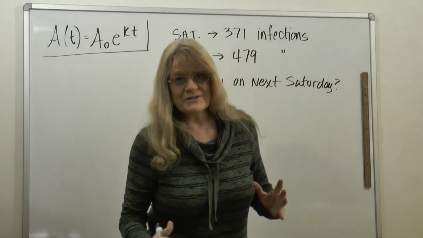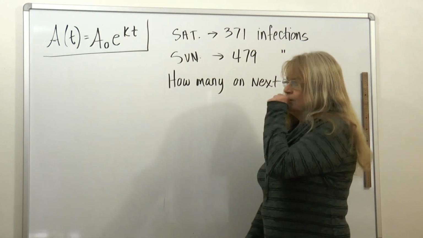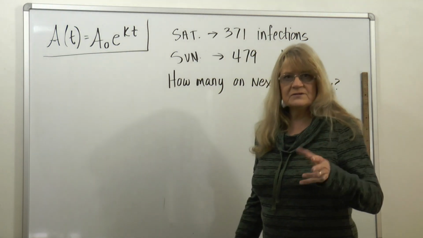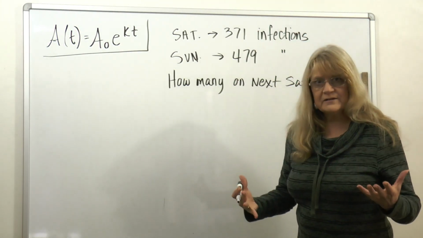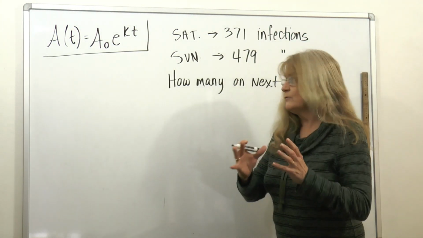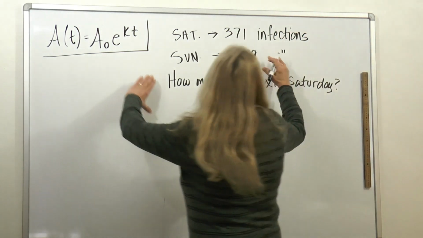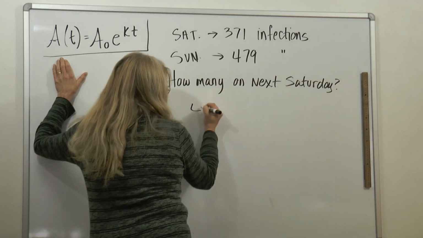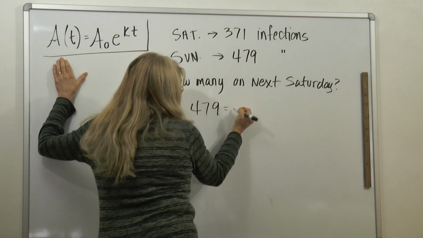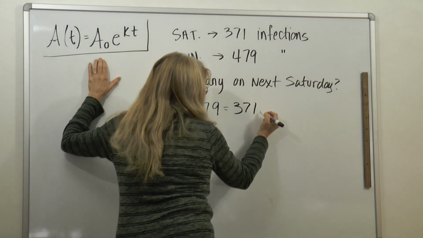Okay, hopefully you remember some of the stuff that we did before break. But these are two-part questions. So you use this information to find the growth rate, and then you take that growth rate to answer the question. So here, my ending amount would be the Sunday amount, starting with my beginning amount that was on Saturday.